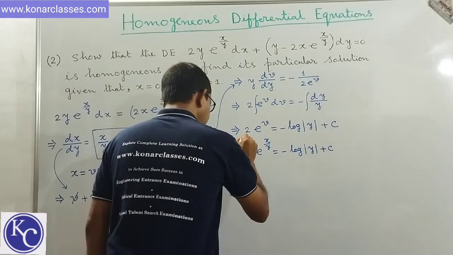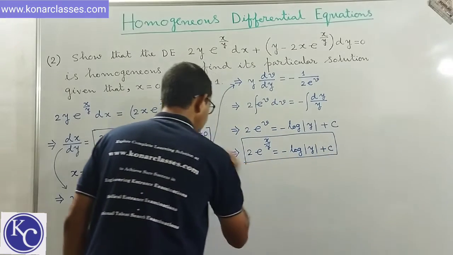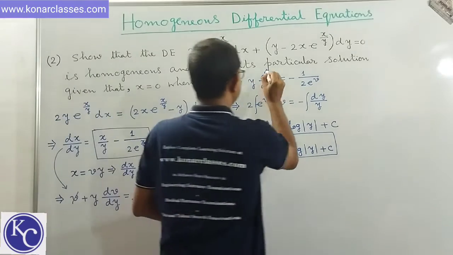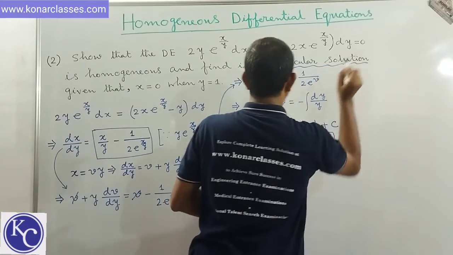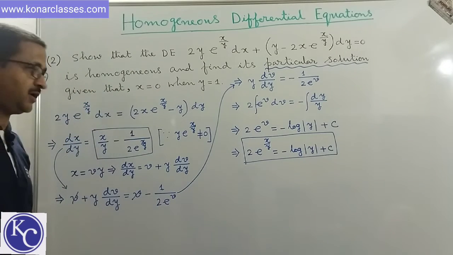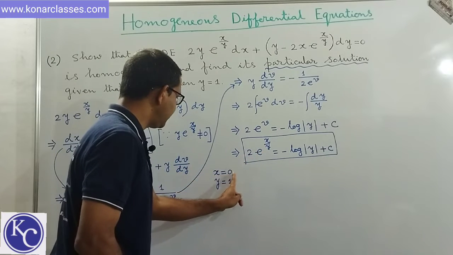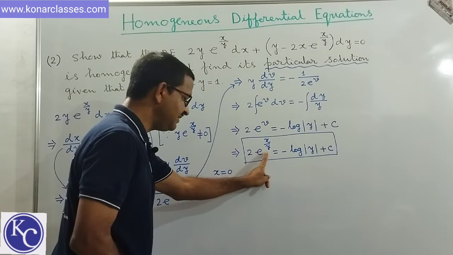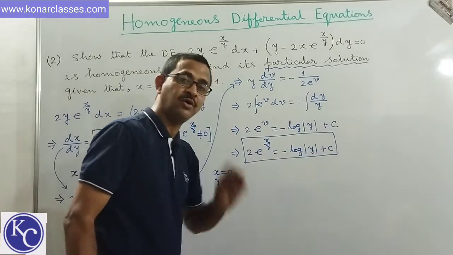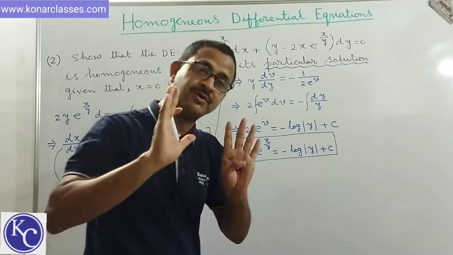So this is the general solution or primitive, but according to our question we need to find the particular solution, given that x equals 0 when y equals 1. That means we need to apply x equal to 0 and y equal to 1 in this general solution, and that will help us find the value of c. After that, that value of c we will apply to get the particular solution.